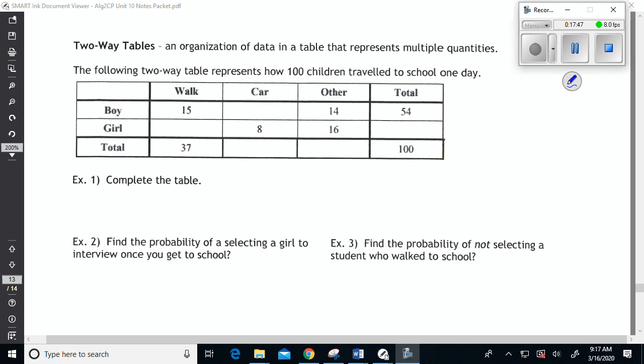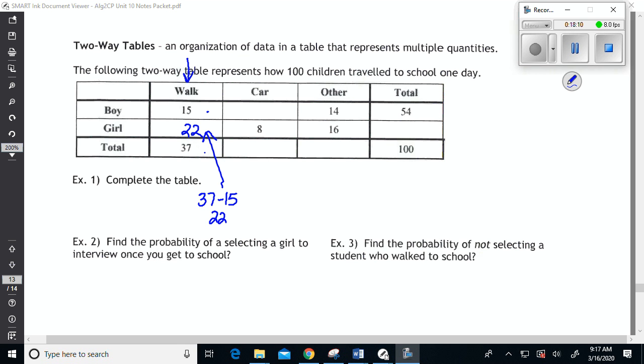If you start with the walk column, there are 15 boys, don't know how many girls, 37 people altogether. So to get the number of girls, 37 minus 15, which is 22. So the number of girls is 22.